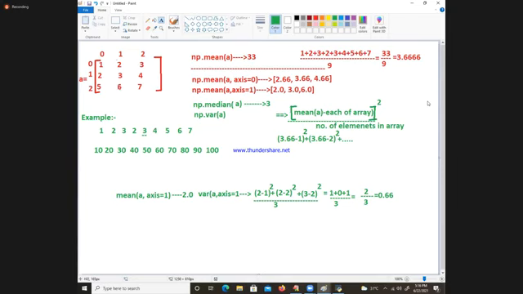The third answer also: 5 plus 6, 11, 11 plus 7, 18. 18 by 3, 6. 6 minus 5, 1. 6 minus 6, 0. 6 minus 7, 1. 1 plus 1 by 3, 2 by 3, same. 0.66.